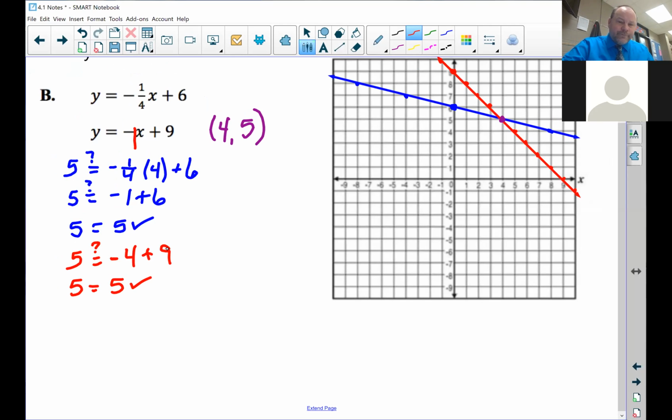All right, so I'll check that first one, y equals -1/4 x plus 6. And what I'm going to do is ignore the y equals part. So I want to just concentrate on -1/4 x plus 6, but I know my x value is 4.